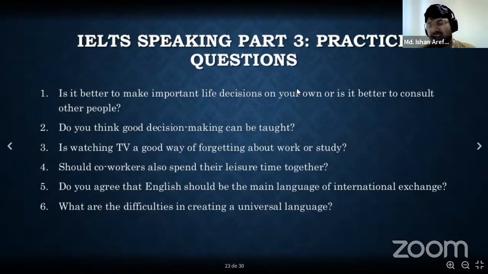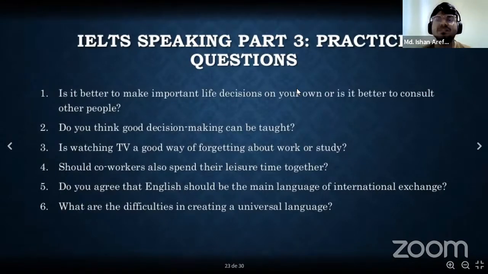If you are absolutely sure that important life decisions should be made by oneself, you can say, "I definitely think that one should make his own life decisions." You can start with that.